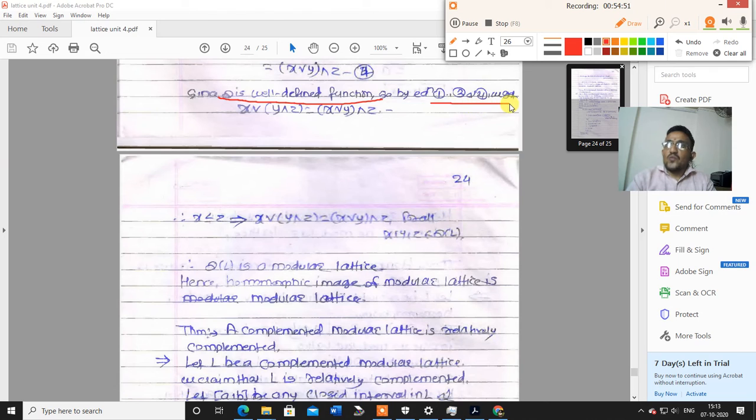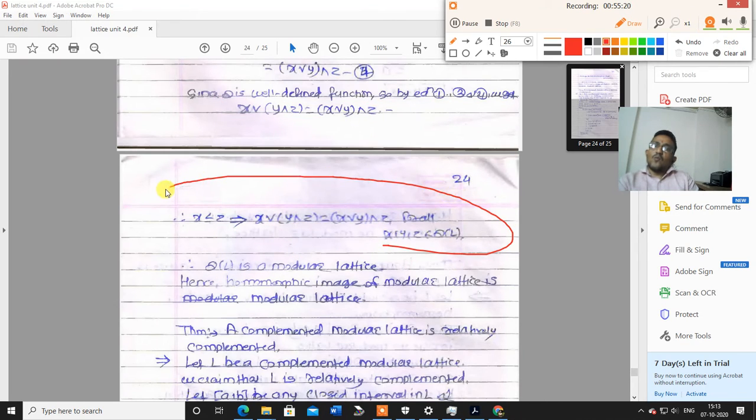Then by equations 1, 2, 3, we get X join Y meet Z is equal to X join Y meet Z whenever X is related to Z, for all elements X, Y, Z in theta L. Therefore every element of theta L satisfies the modular property, so theta L is a modular lattice.